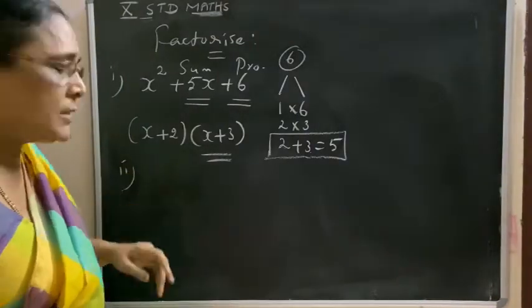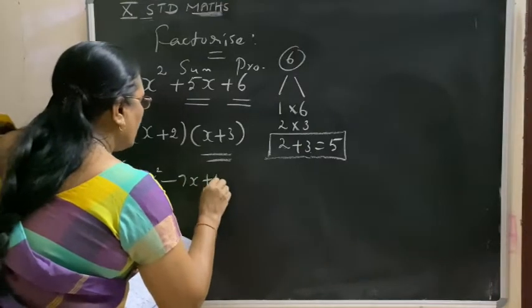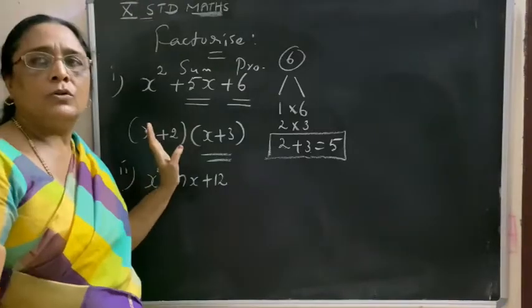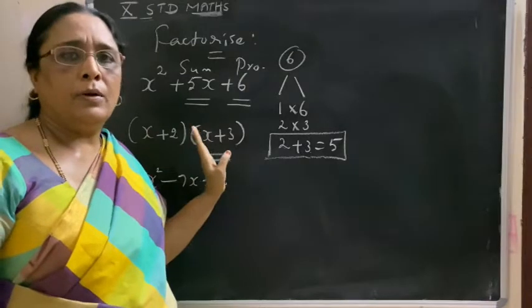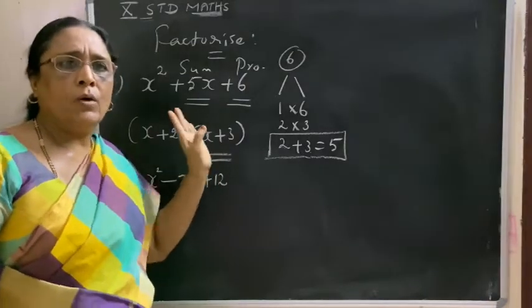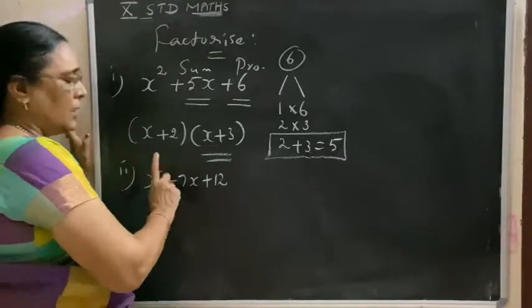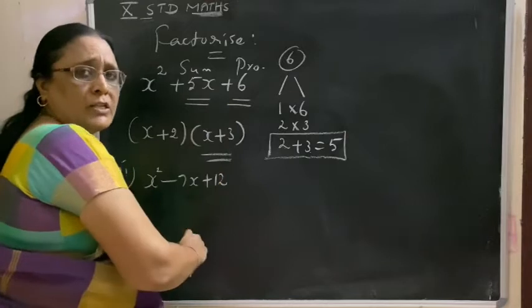Next type. When we take the next type, x square minus 7x plus 12, this is also another type of quadratic polynomial. What is meant by quadratic? Quadratic is nothing but degree 2. But what is the difference between the previous one and this one?